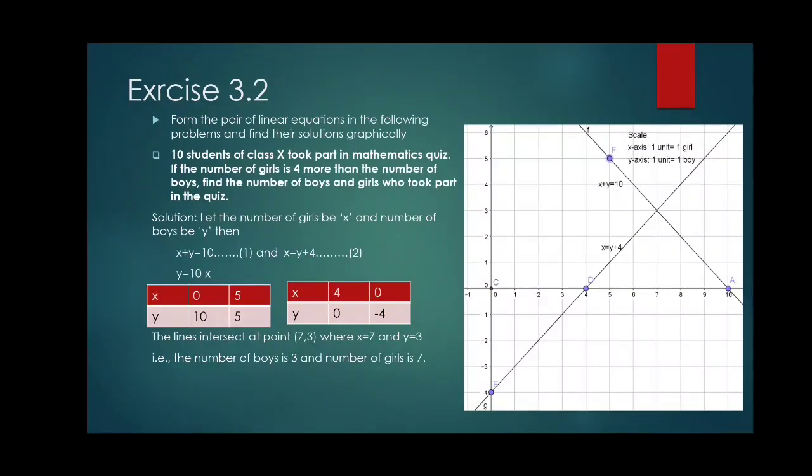That means the number of girls is x, so x is 7, the number of girls is 7, and y is equal to 3. That means the number of boys is 3. So 7 girls and 3 boys participated in the mathematics quiz competition.